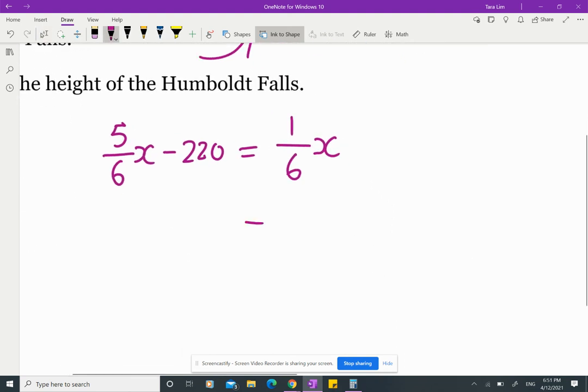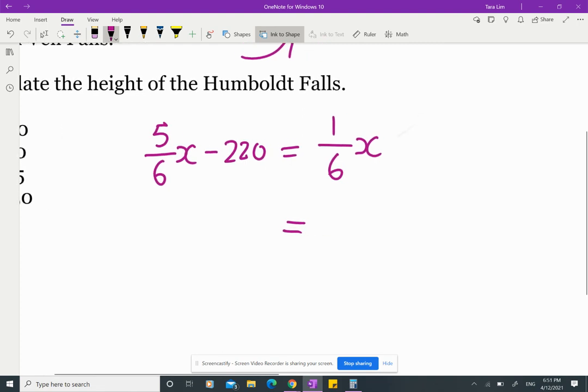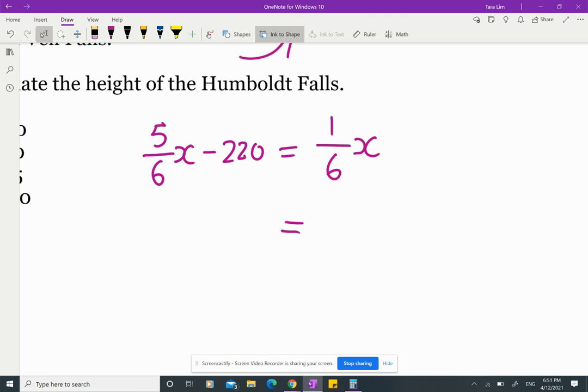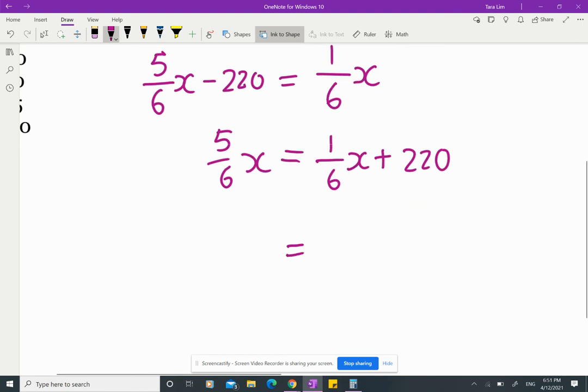So first of all, what we do here is we move the negative 220 to the other side. So it becomes 1 over 6x plus 220. And now we want to calculate x.